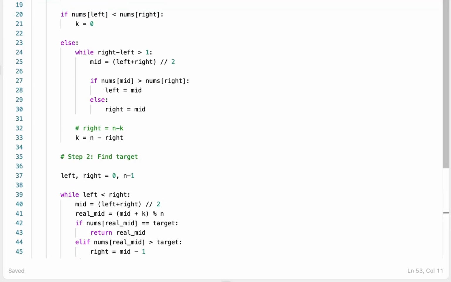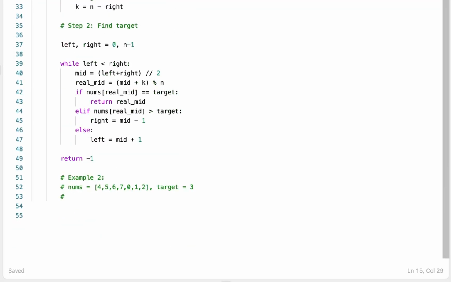So I'm starting with left and right equal to 0 and n minus 1. So n is 3, 4, 5, 6, 7. So we get left, right is equal to 0 and 6.